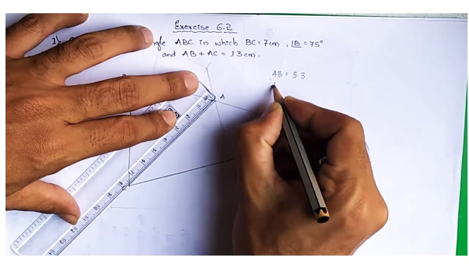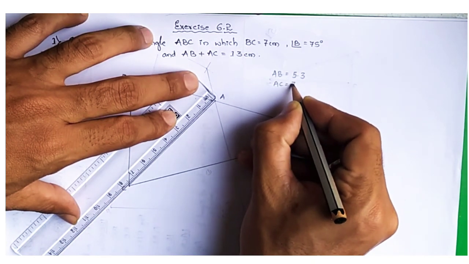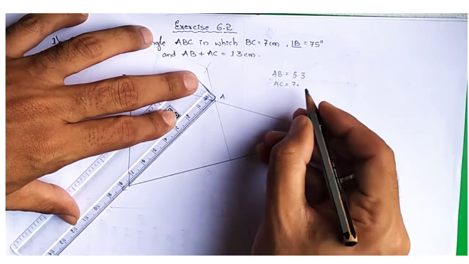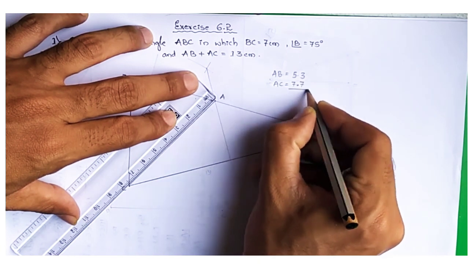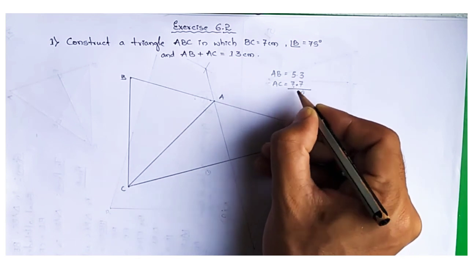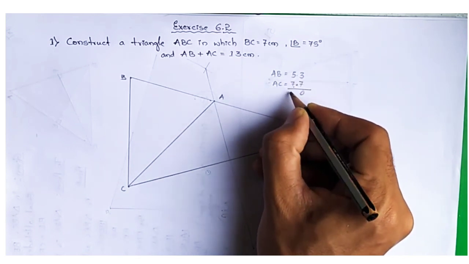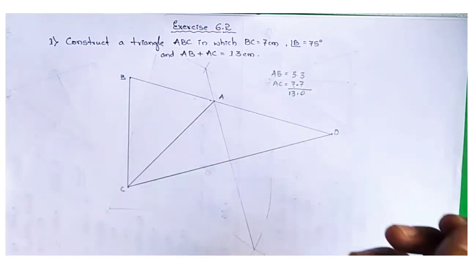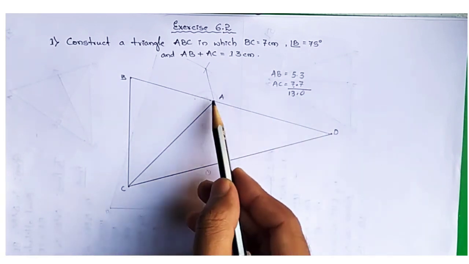AC is 7.7. If you add these two, it will be 10, carry 1, so 5 plus 8, it will be 13. What we need? 13 centimeters. Now we got it. So our ABC is correct.